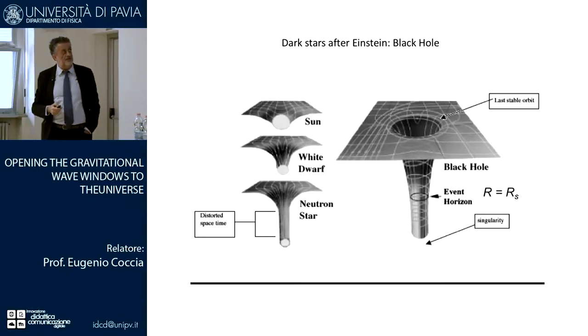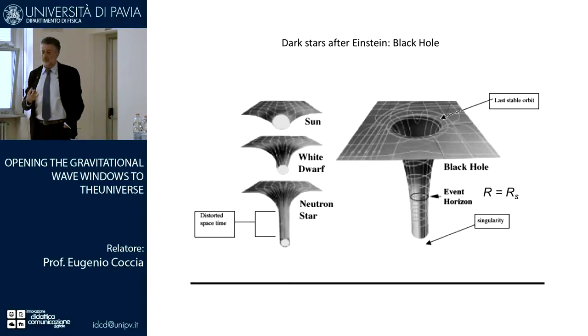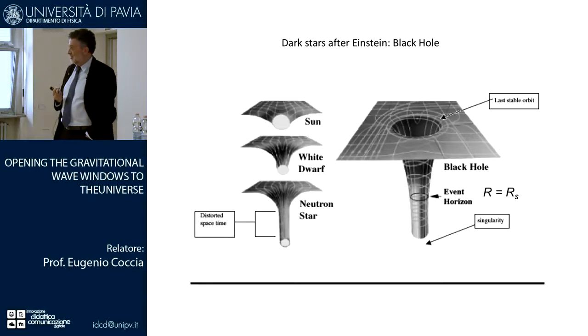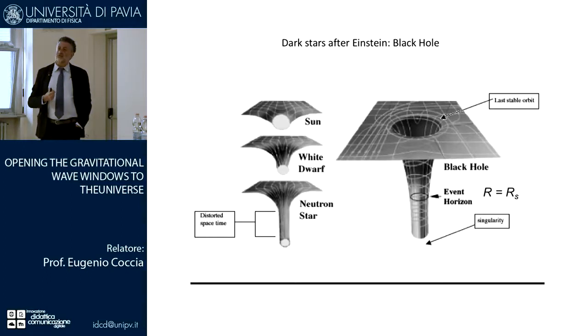And that every presence of a mass, a star in the sky or even a planet, deforms space-time. So for the sun, the deformation is relatively small, sufficient to see the planets around it. But we can think of objects which are more dense, and then this gives a deformation to space-time which is more pronounced.